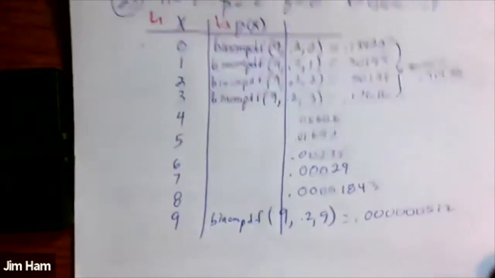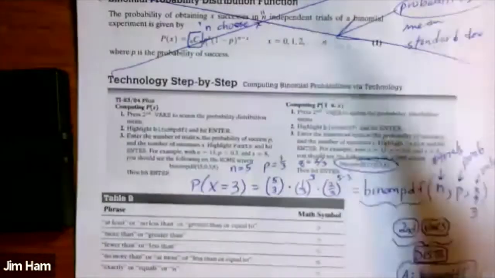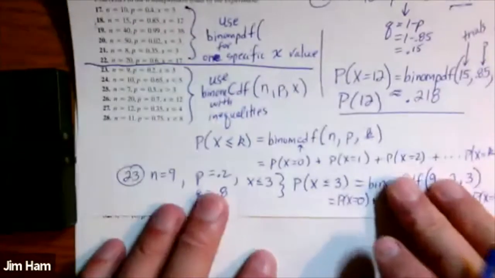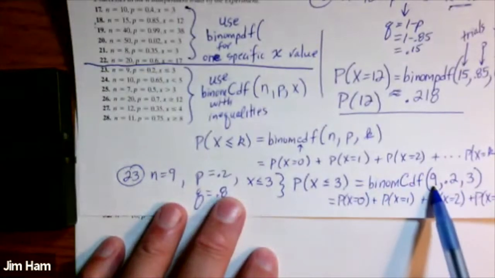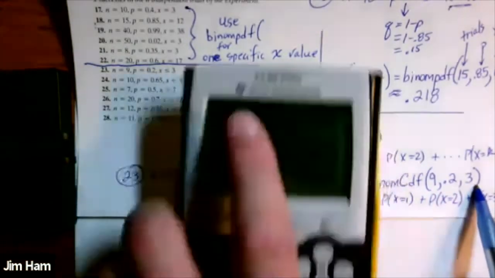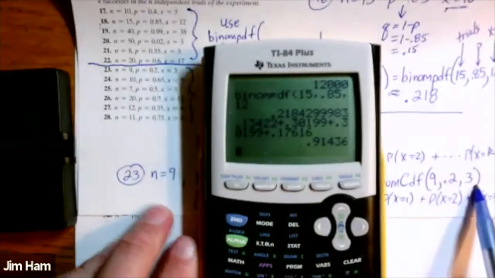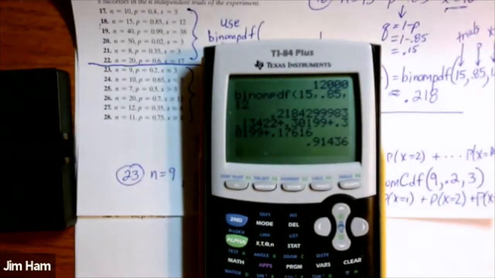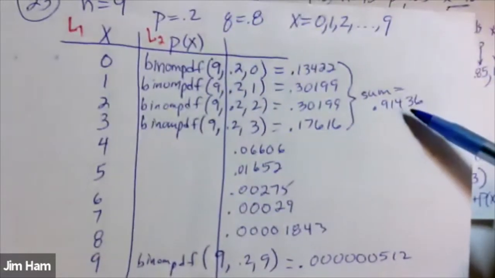But you'll notice from your calculation back here that when you evaluate binomial CDF 9, 0.2 and 3, you will get that same sum, 0.91436. So let's check it out.